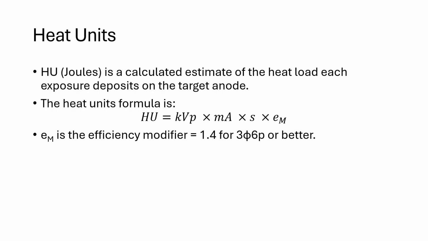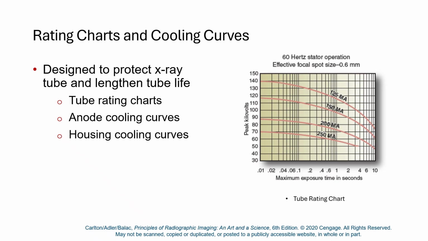So eventually, if you pour enough heat into metal, it will turn into liquid phase. That's bad. We don't want that to happen to our anode. All right. So that's where our tube rating chart comes in. And this is the example given in the Carlton Adler Balloch book, in chapter 5. So a tube rating chart is as shown here, and you can see that the x-axis is the time scale.